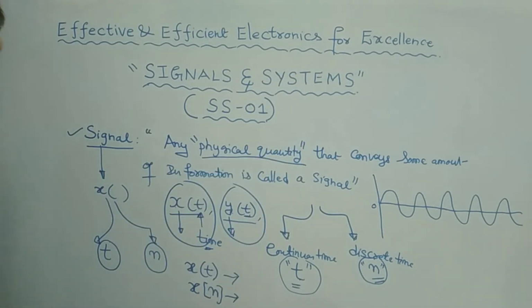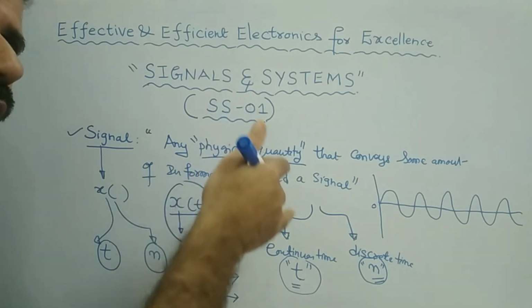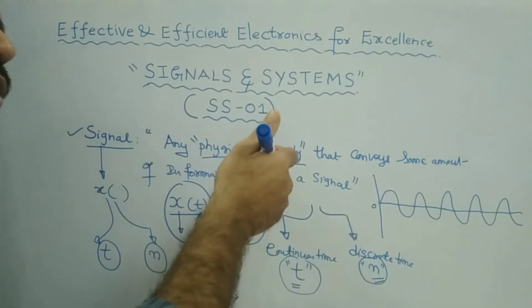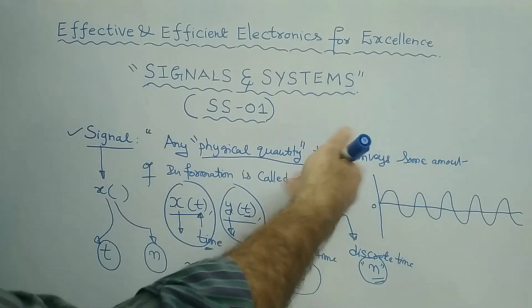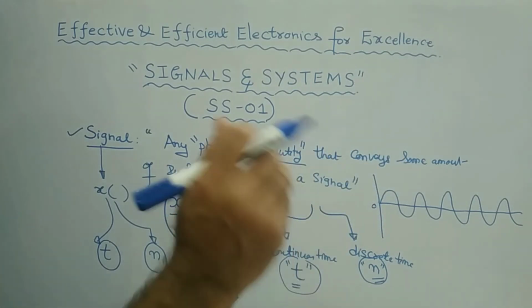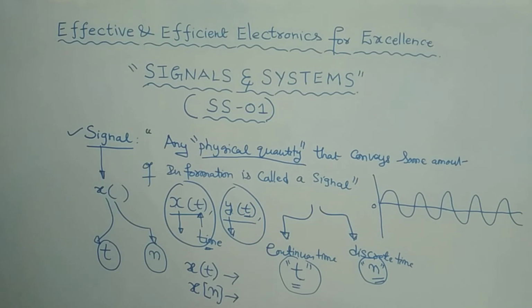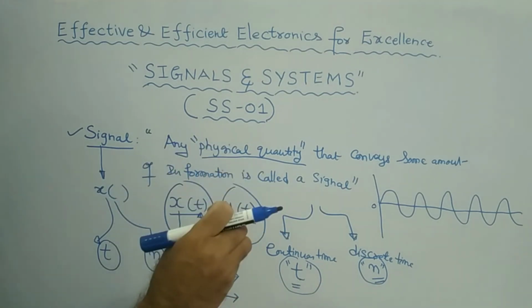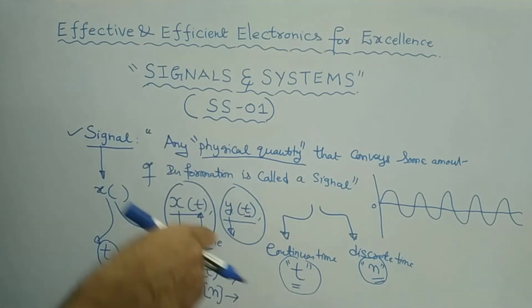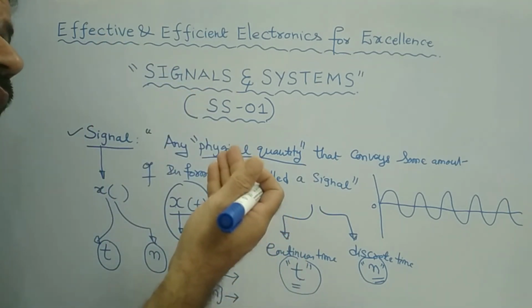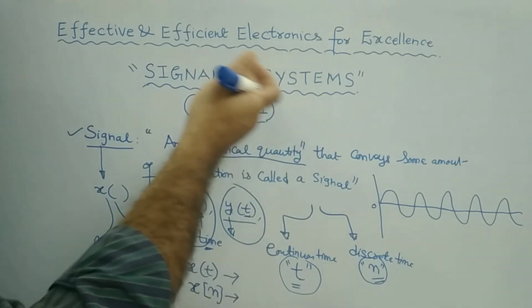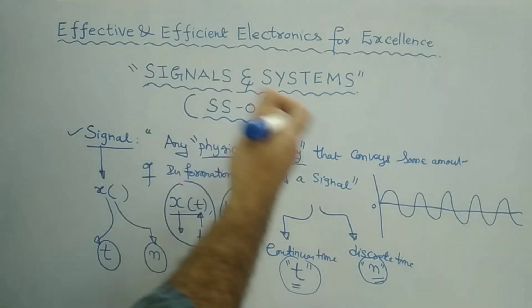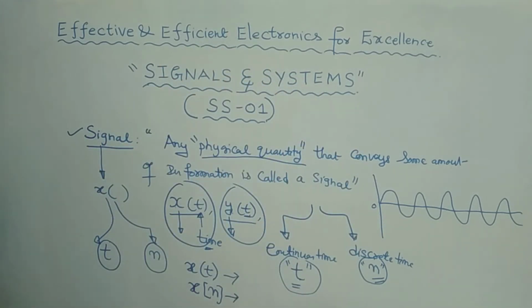It is a physical device that performs certain operations on an input in order to get the corresponding output. Clear? A system is defined as a physical device that performs certain operations on an input in order to get the required output.